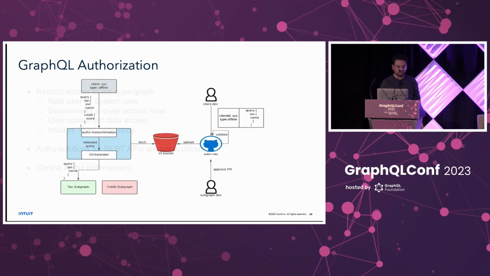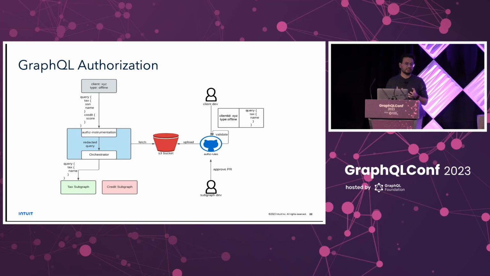So this is how the architecture of the authorization looks. We have an instrumentation library that we created using the GraphQL Java library. The job of that library is to look at the rules and redact the query. So before the query execution, it will take the main query, apply some rules, I will talk about the rules shortly, and then redact the query, and then the orchestrator executes it.